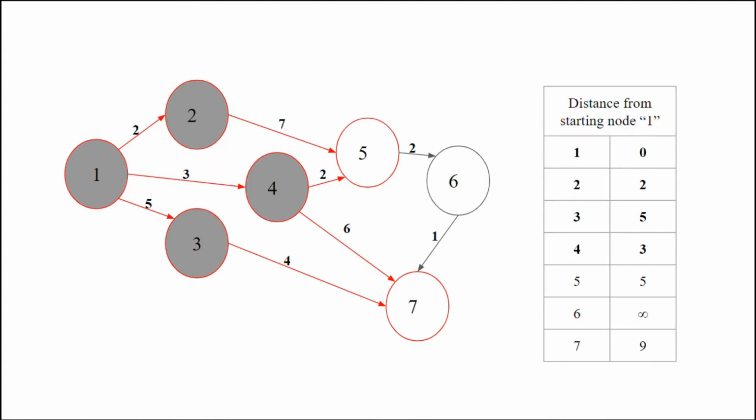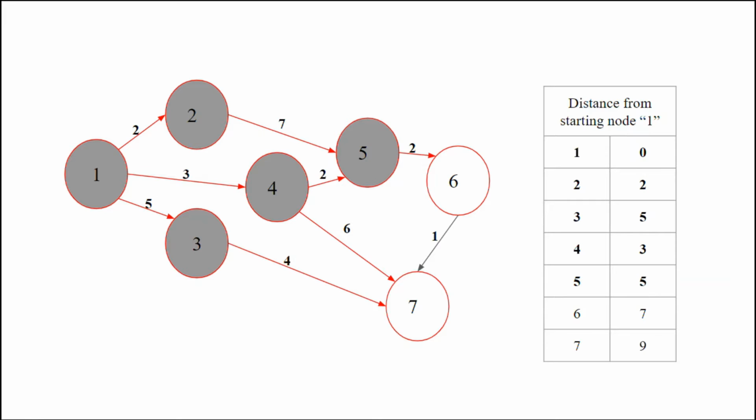So from 5 you go to 6, and that has a distance of 2, but the total distance from the node 6 will actually be 7, because you have the distance from 5, which was 5, and you add that 2, so now you get 7. So this means that the shortest distance from 1 to 6 will be 7. And so now that the nodes adjacent to 5 have their tentative distances, you can say that 5 is visited.